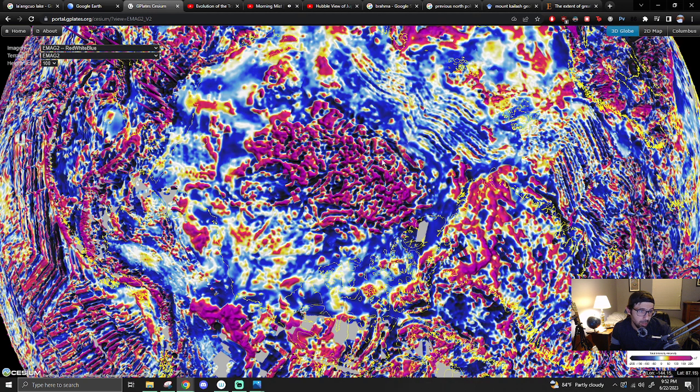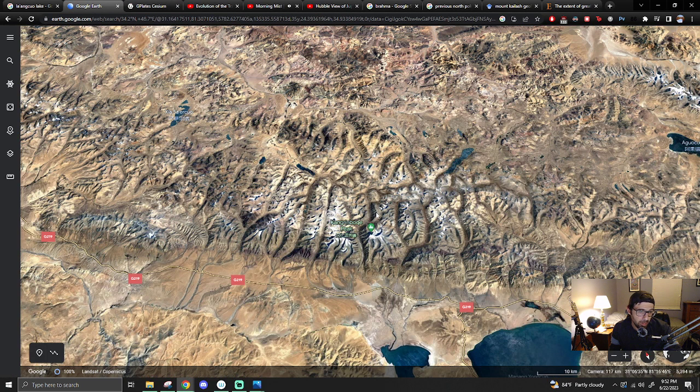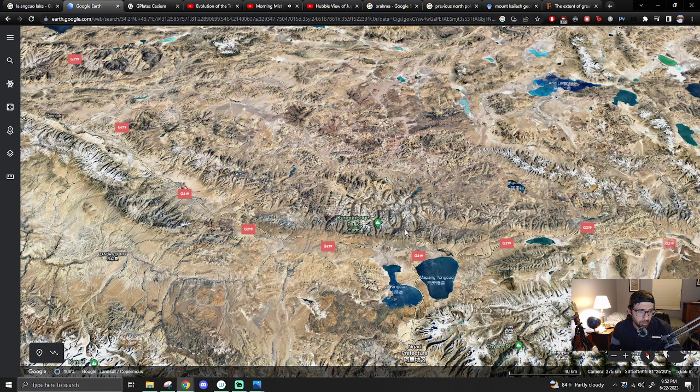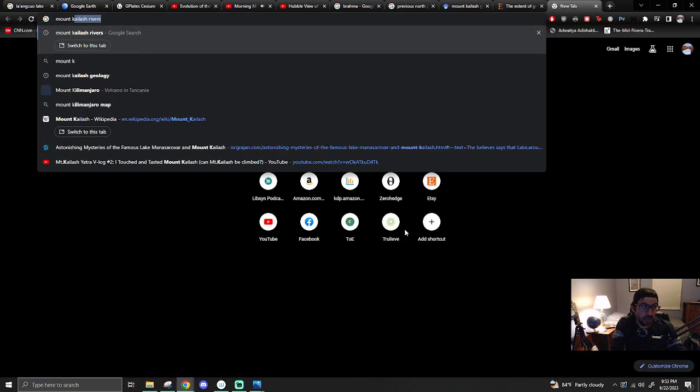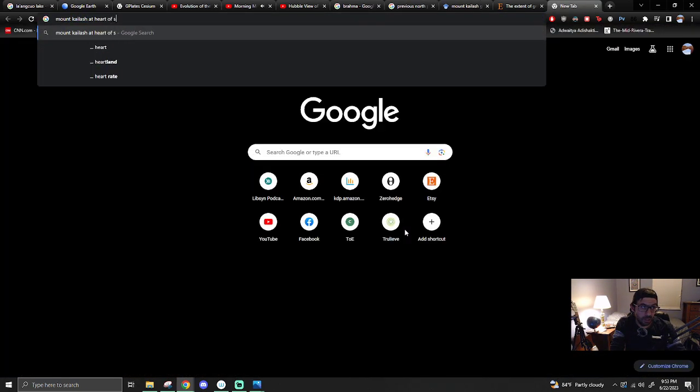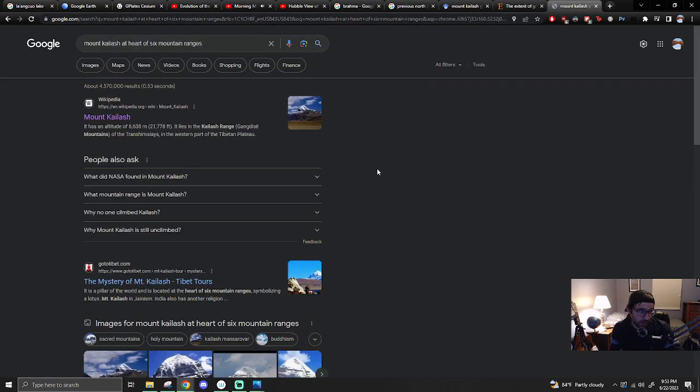That was relevant for some reason for why I would do that. This is really interesting. Mount Kailash is at the heart of 6 mountain ranges. I don't know if we can find anything like that.